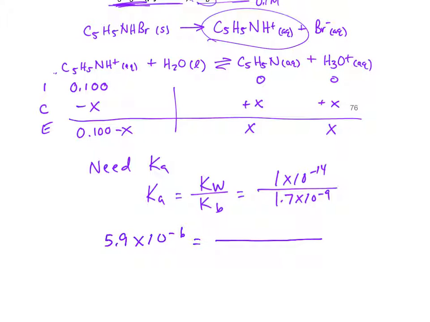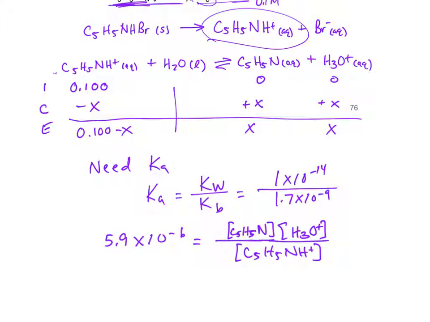And that's going to be equal to our concentration of products, C5H5N times H3O+, divided by the pyridinium ion, C5H5NH+.